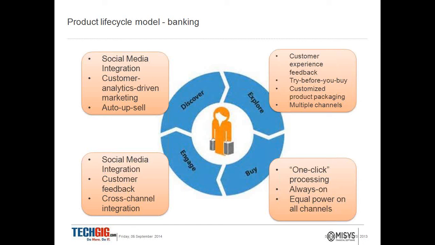I want a loan for either an automobile or for a home. I want an EMI-based loan, and this is the maximum loan amount I need. So you create the package and you send it off to the bank on your phone channel, and it's all ready and waiting for you when you walk into the bank, and you just have to sign the papers, right? So that's how you engage across channels.